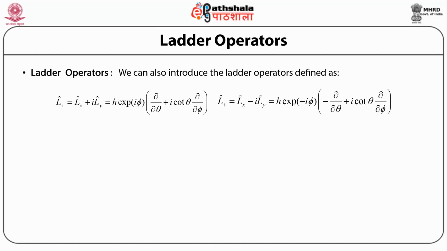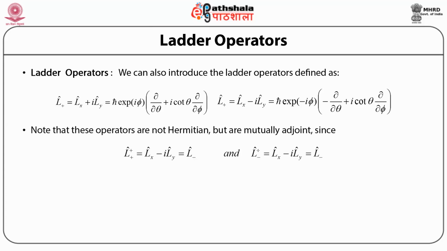Similarly, operator L minus can also be written as operator Lx minus iota times operator Ly, and this is equal to h cut times exponential minus iota phi into within the brackets minus del by del theta plus iota times cot theta into del by del phi.